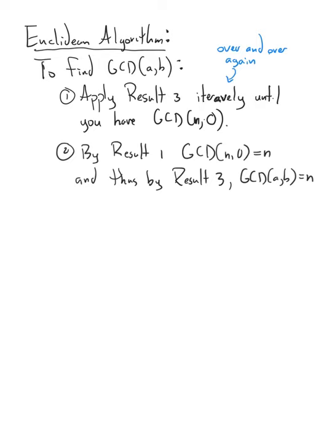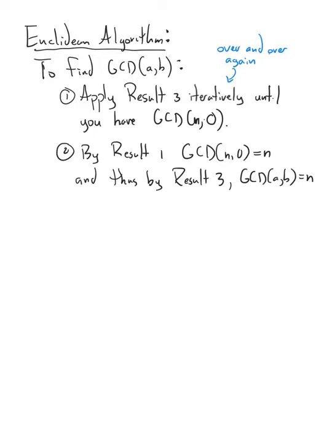So, what this is, basically, we're just going to apply result 3, which we just proved, over and over again. We say iteratively in mathematics. We're going to apply that result iteratively. And I just realized that I wrote this incorrectly. It should be iteratively. There we are. That looks better.